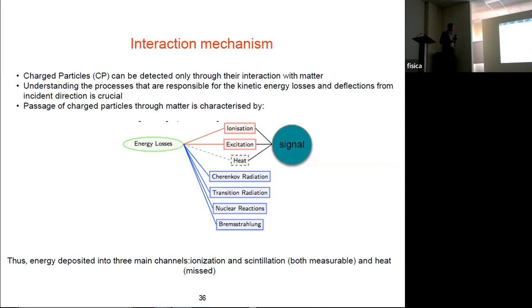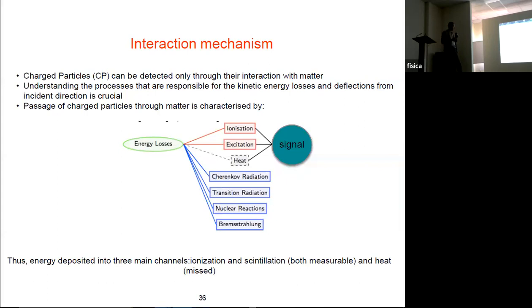And the third channel where energy can be lost is heat. But actually, heat is almost impossible to detect in conventional detectors.